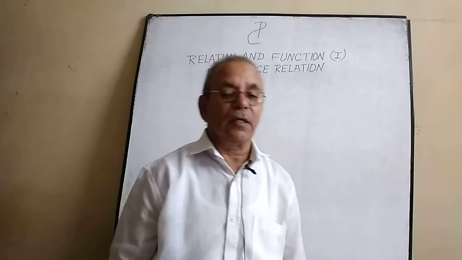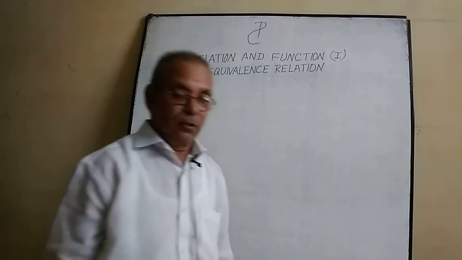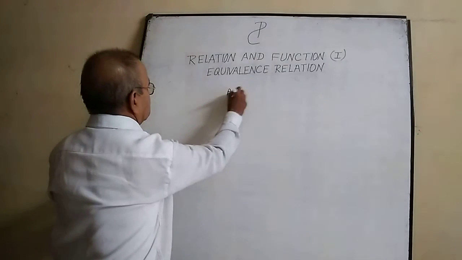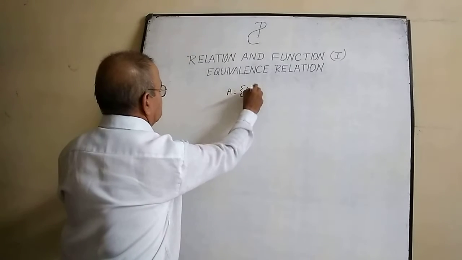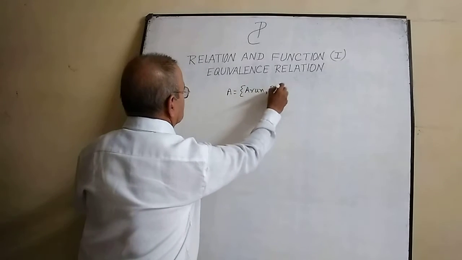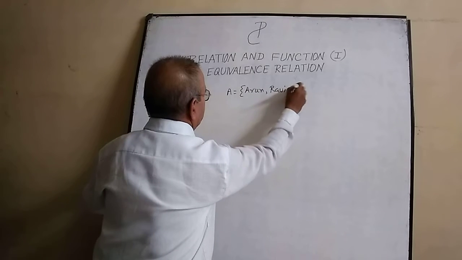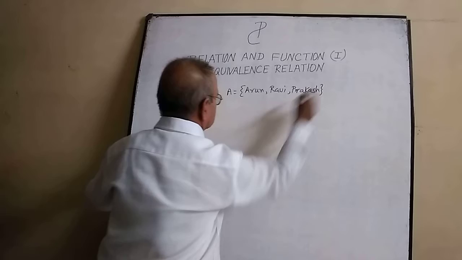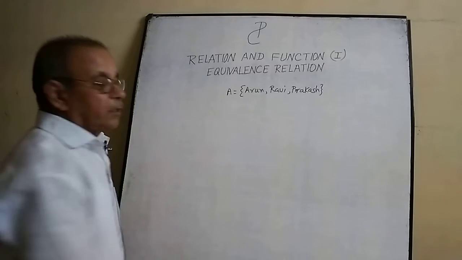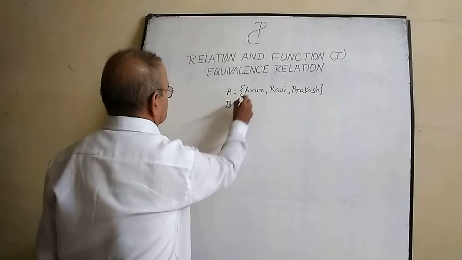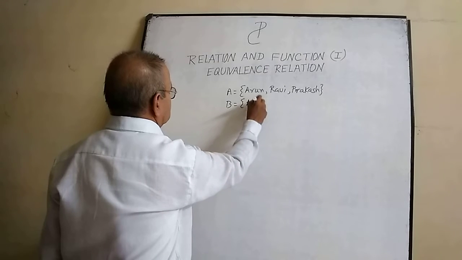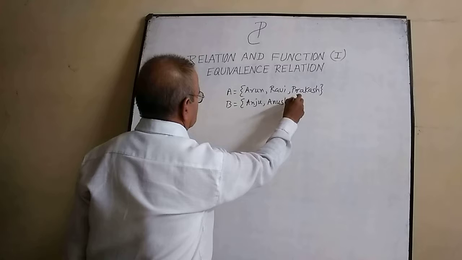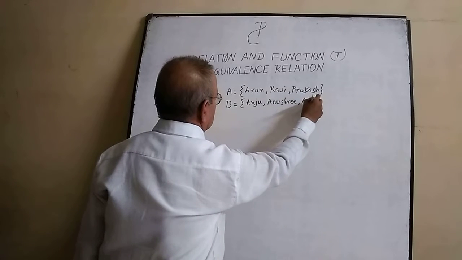First, we take a relation of two sets. One set is related with three persons: Arun, Ravi, and Prakash. Another set is Anju, Anushri, and Anurag.